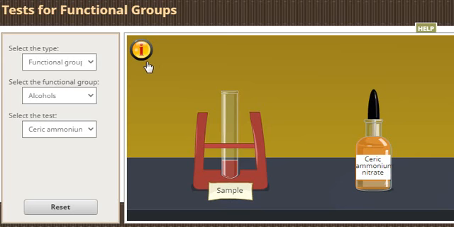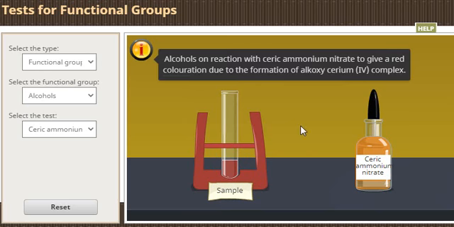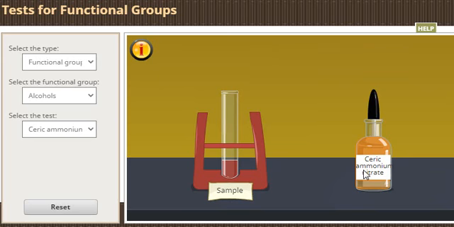The alkoxycerium complex is red in color. So here the alkoxycerium complex is formed, which gives the red color to the sample, and we also have another colorless substance here, that is ammonium nitrate, NH4NO3.